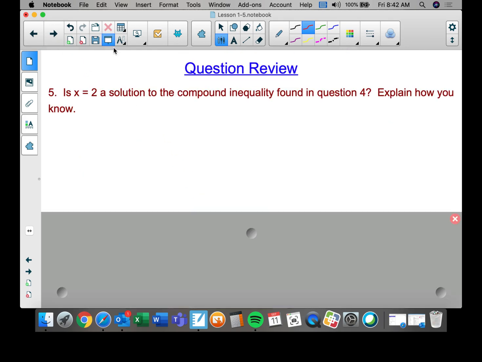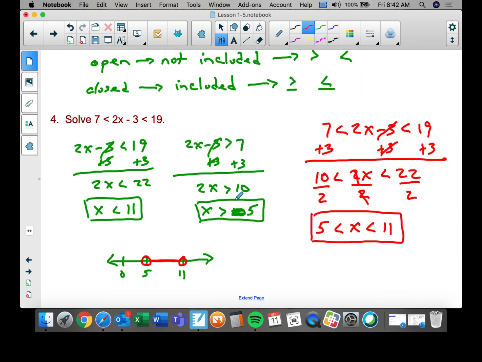All right, let's take a look at number 5. It says, is x equals 2 a solution to the compound inequality found in question number 4? So if we go through, does x equal 2, if I come back to this problem, we can answer this pretty quickly because here is a graph of all of the solutions, everything between 5 and 11. Well, 2 would be over here someplace, and therefore it is not a solution to this, okay?